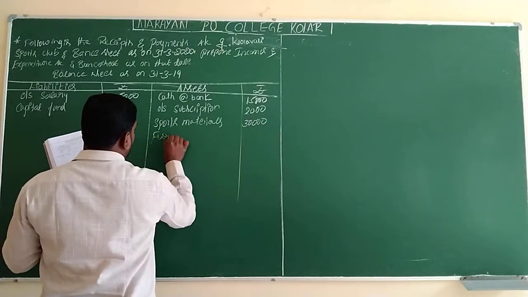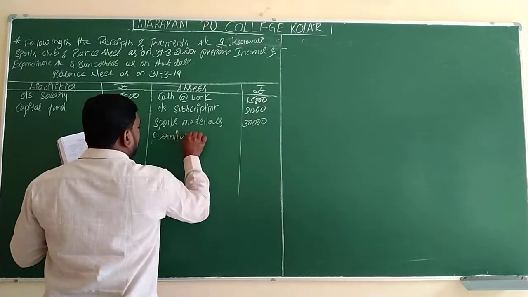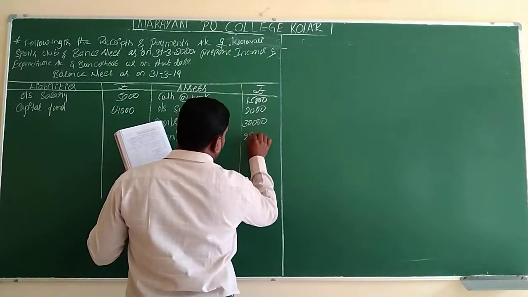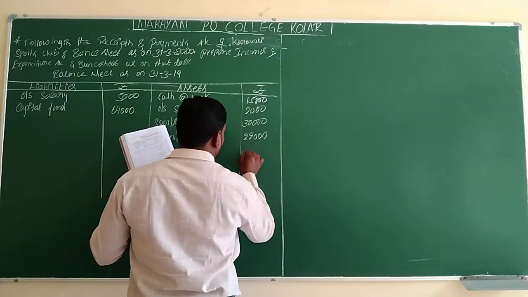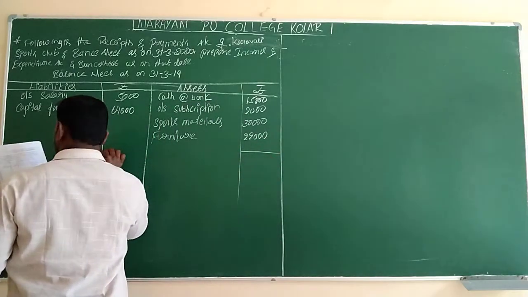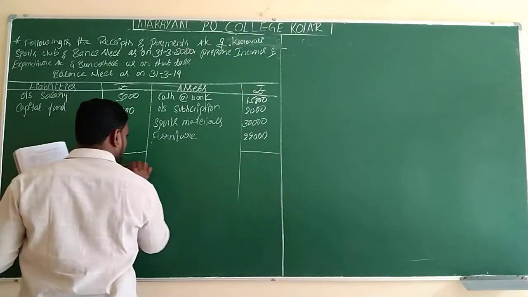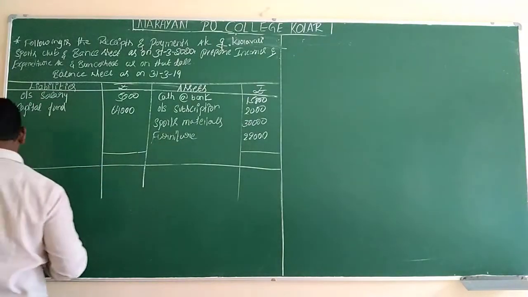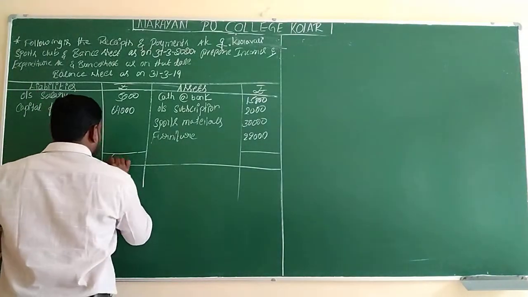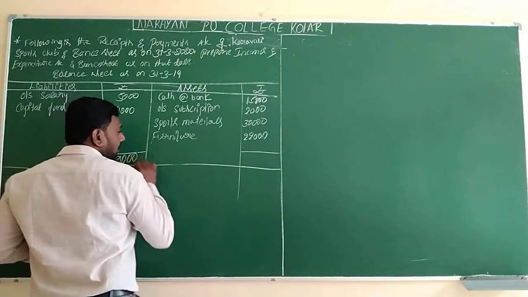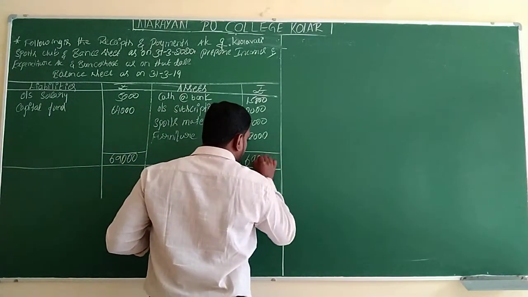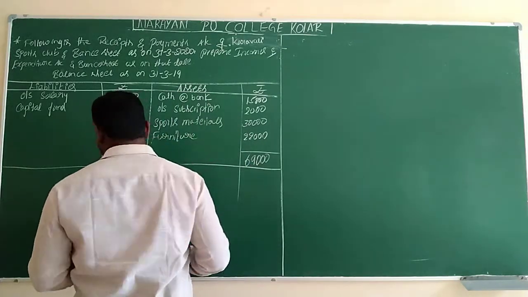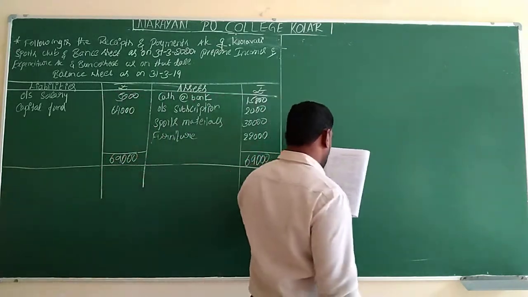Furniture 22,000. Balance sheet total 69,000.